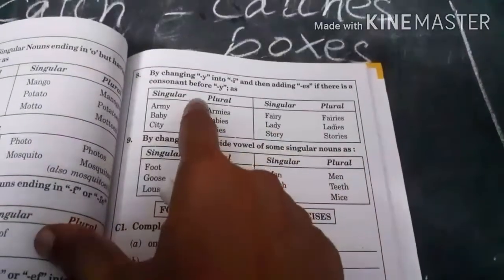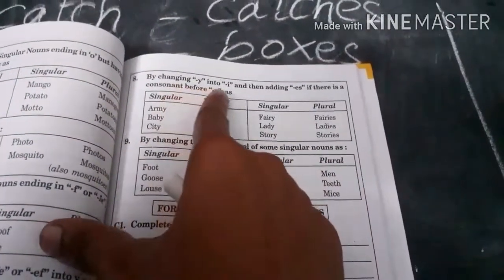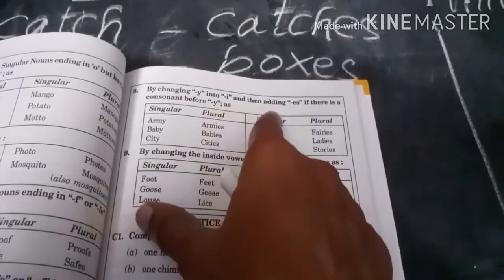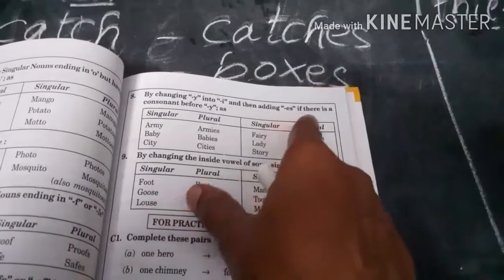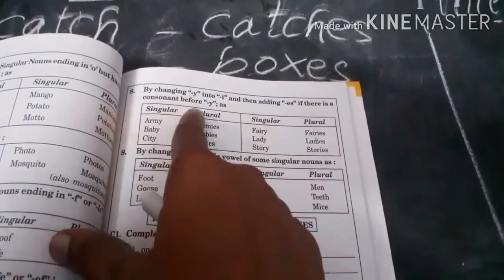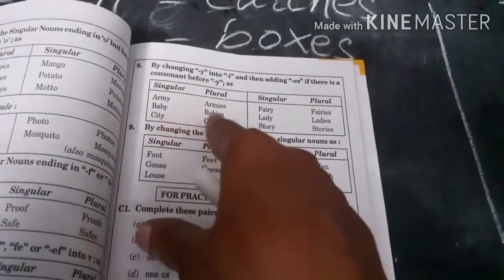Again, by changing Y into I and then adding ES if there is a consonant before Y. Army, armies. Here we have to observe a little because here boy, day, key.